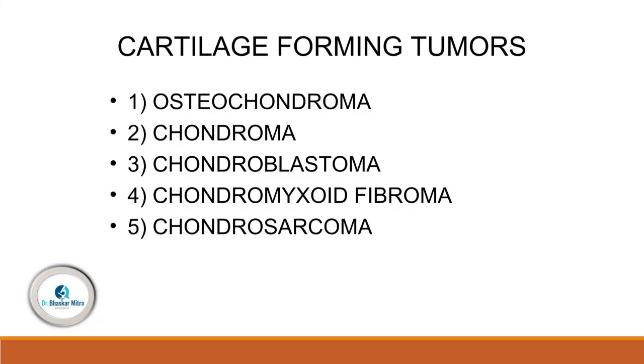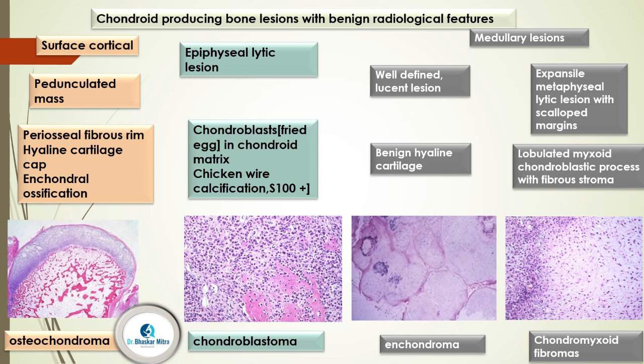These are the most common cartilage forming tumors: osteochondromas, chondromas, chondroblastomas, chondromyxoid fibroma, and obviously the malignant one among these is the chondrosarcoma. First of all, I would like to discuss how we approach these cartilaginous or chondroid tumors.